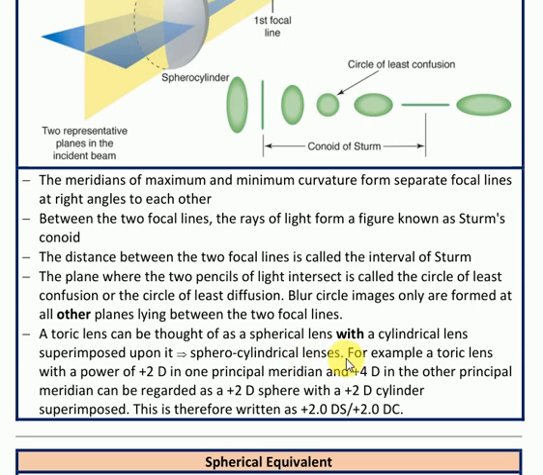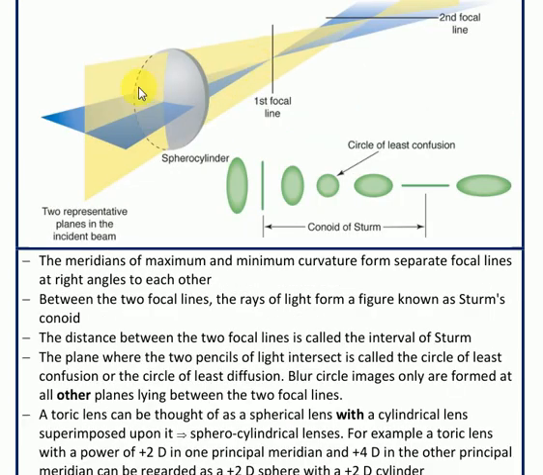For example, a toric lens with a power of +2 diopter in one principal meridian and +4 in the other.